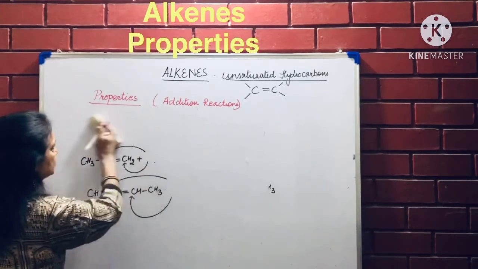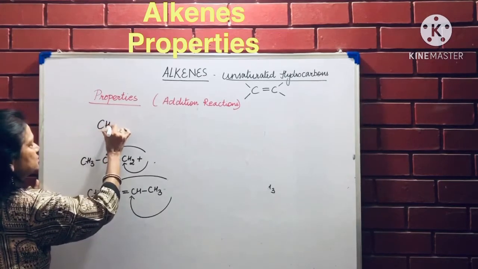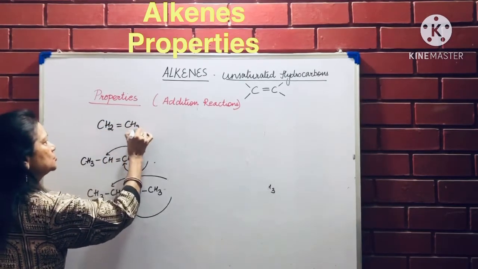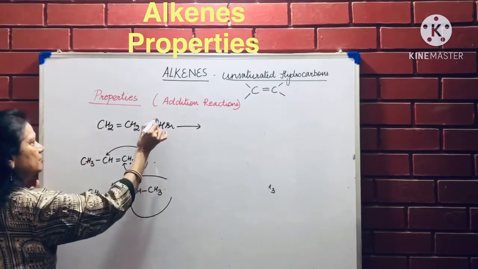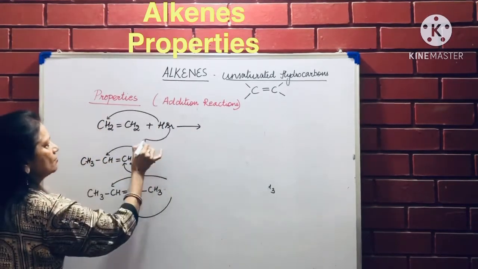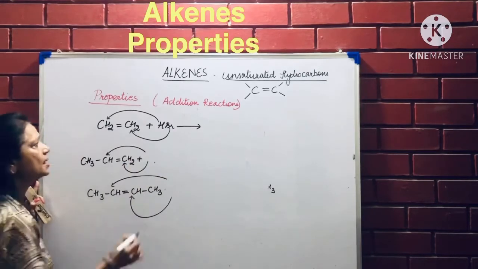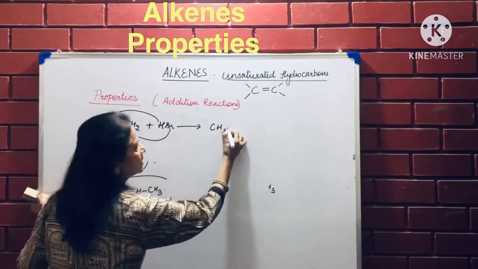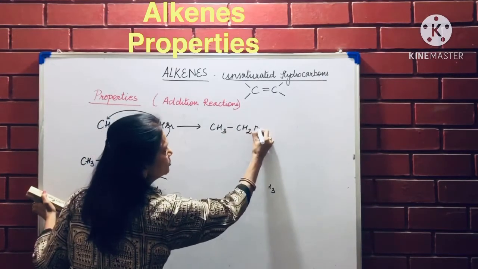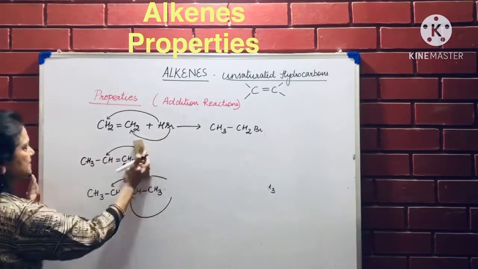Now in this case let me rewrite it. CH2 double bond CH2 plus HBr. So again you have learned before, on one side H will come, on another side Br will come and it will become CH3, this one, single bond CH2Br.